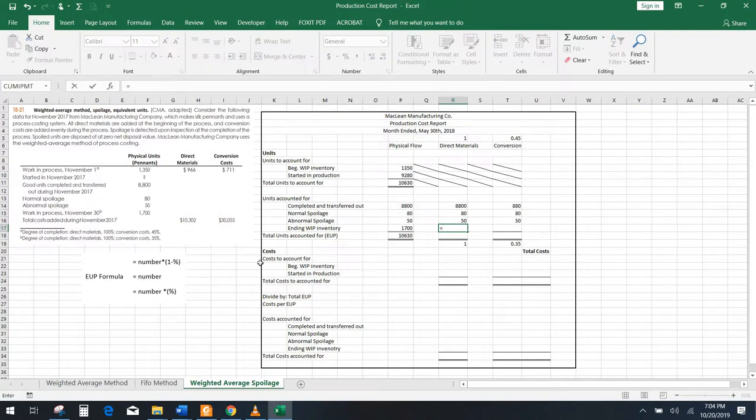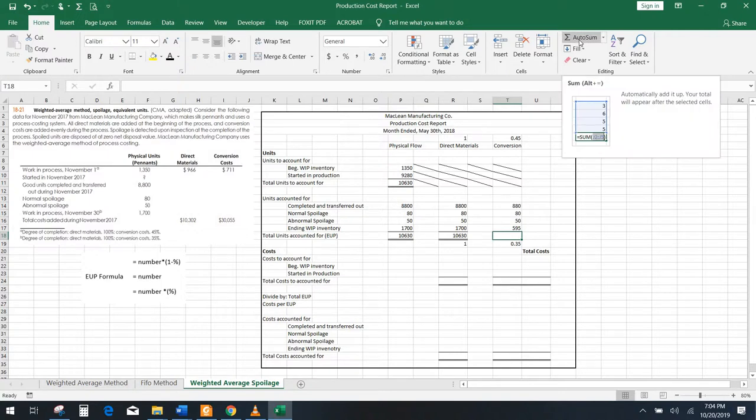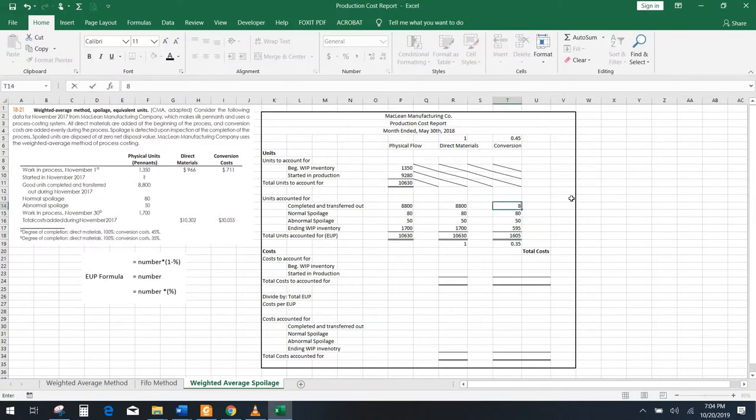So this equals the number multiplied times the percentage. This equals the number multiplied times the percentage. Autosum there. Autosum there. And this, I forgot to put this.